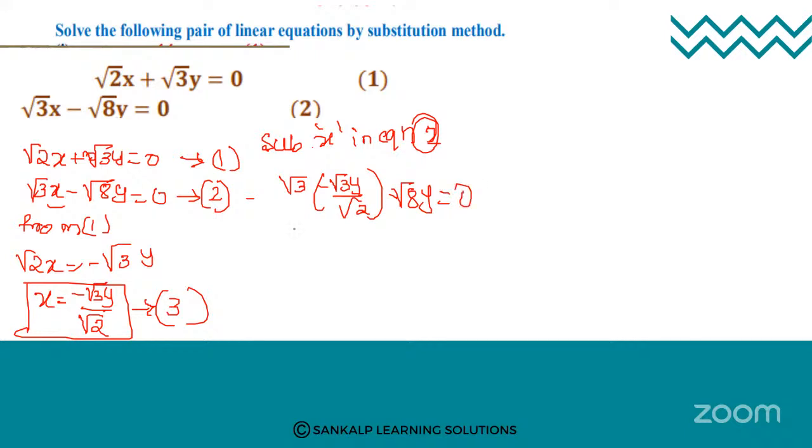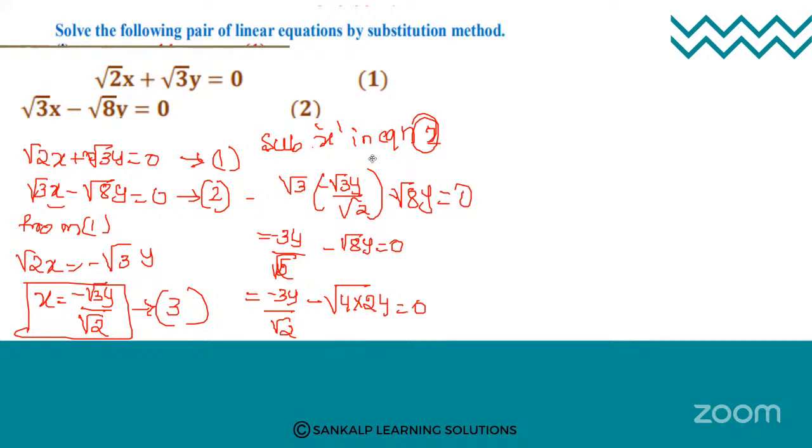Right. Now, root 3 into root 3 is 3. Plus into minus is minus. Minus 3y divided by root 2 minus root 8y is equal to 0. Now, minus 3y divided by root 2. This root 8 can be written as 4 into 2, because 4 is a perfect square number. So 4 into 2, y is equal to 0.